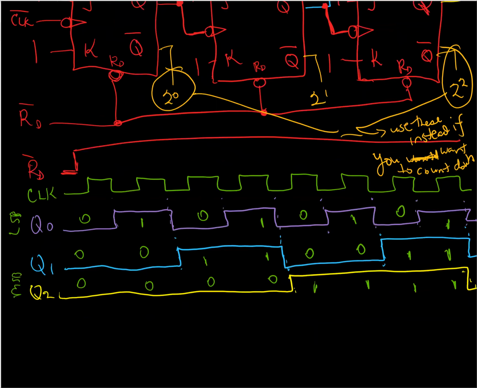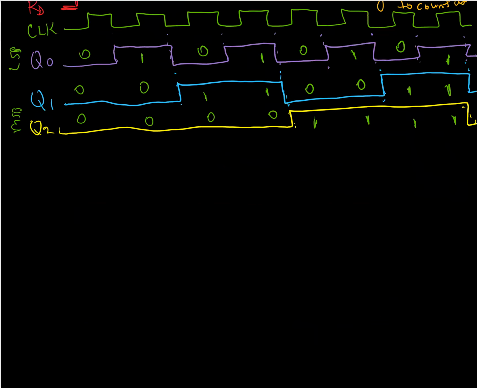So let me draw those outputs here. 2 to the 0, and actually I'll draw it in purple to match Q0, is the opposite of Q0, right? Because now I'm taking the output from the Q bar. So where that signal goes up, this one is going to go down and vice versa.